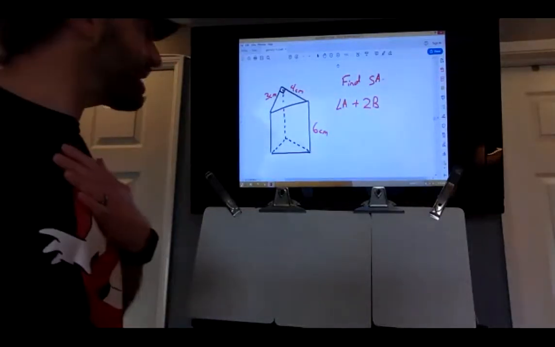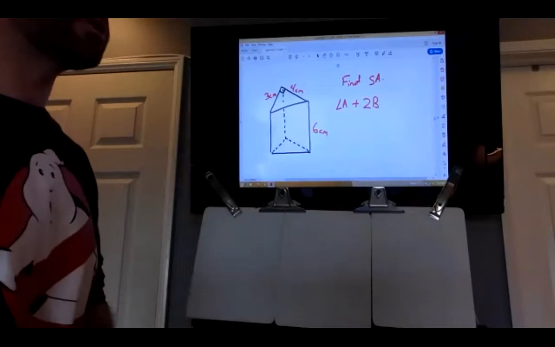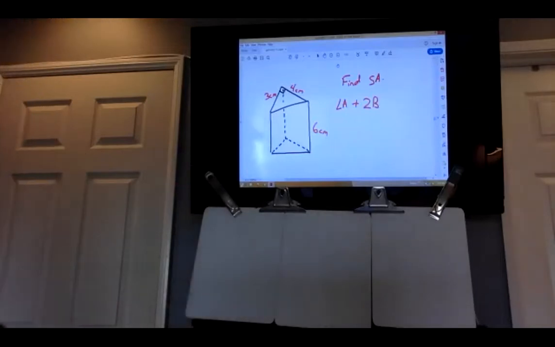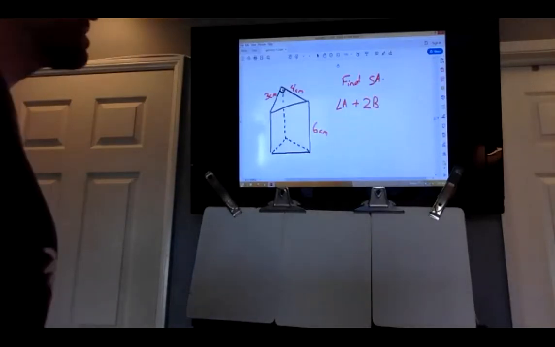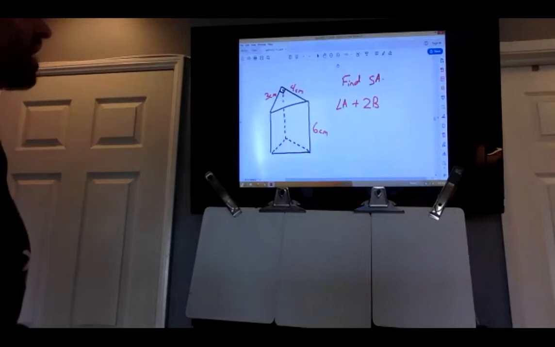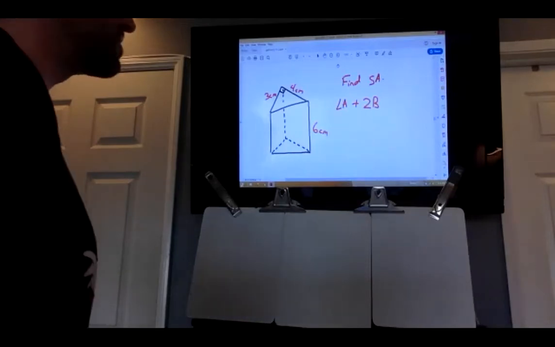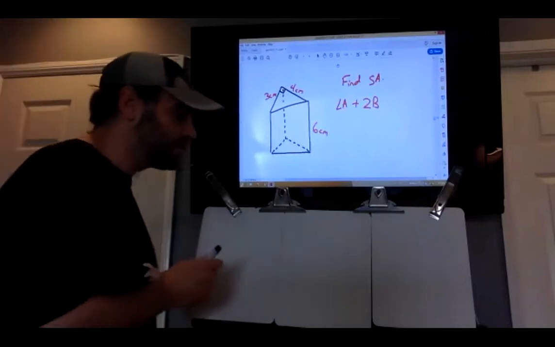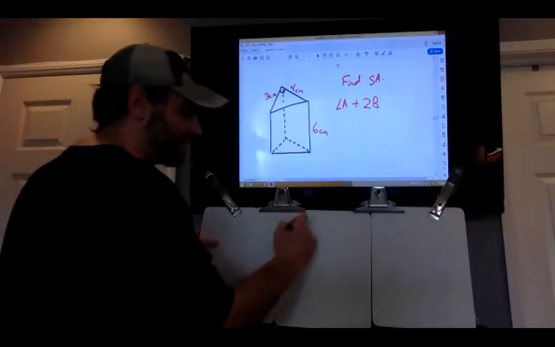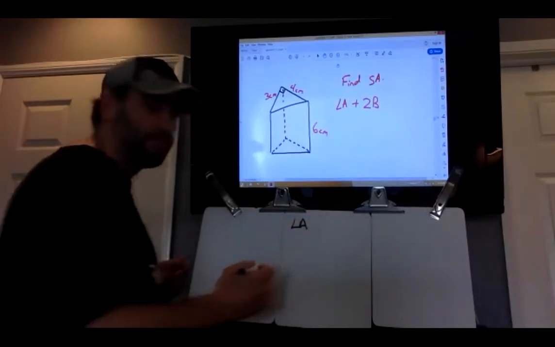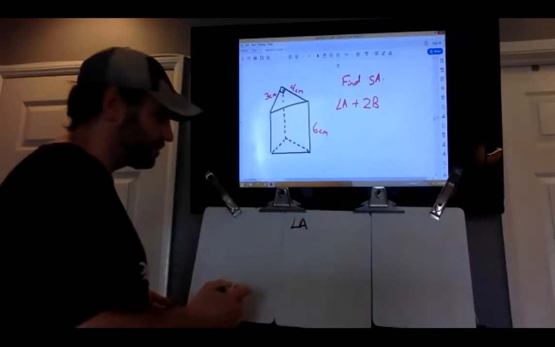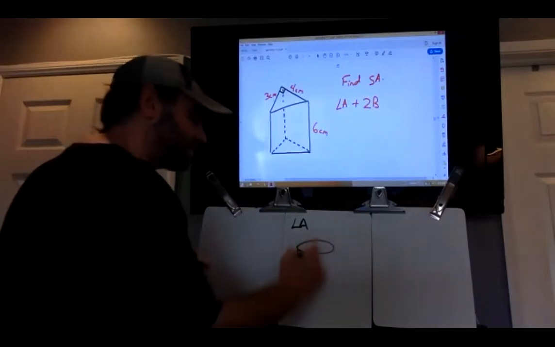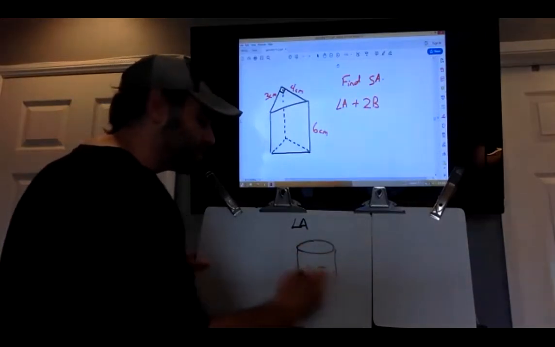For me, I like to lay out the area of my 2 bases first. Usually that's where the meat of the work is. Okay, and then you just get the area of the rectangles, the lateral area. Sometimes when you go to the homework, a question might just ask for the lateral area. You see that in soup cans, because what do they do with the soup can?